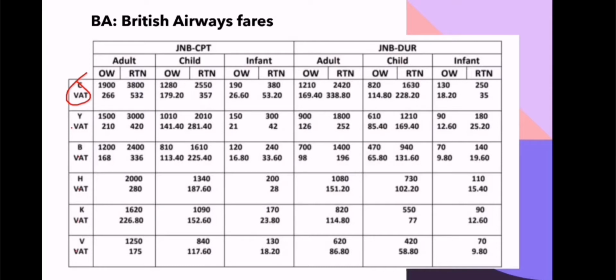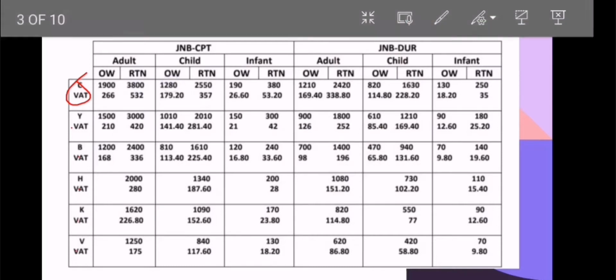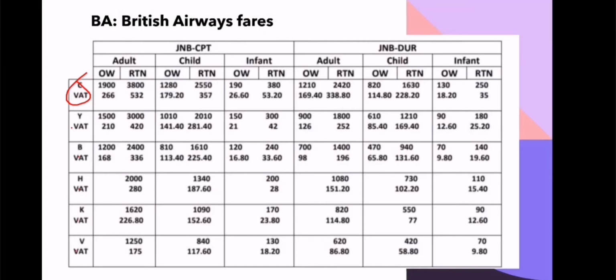Then for the child, it's already pre-calculated for you. Everything else from this point on becomes pretty much repetitive. It's just a matter of knowing how to read the content, how to decode it.